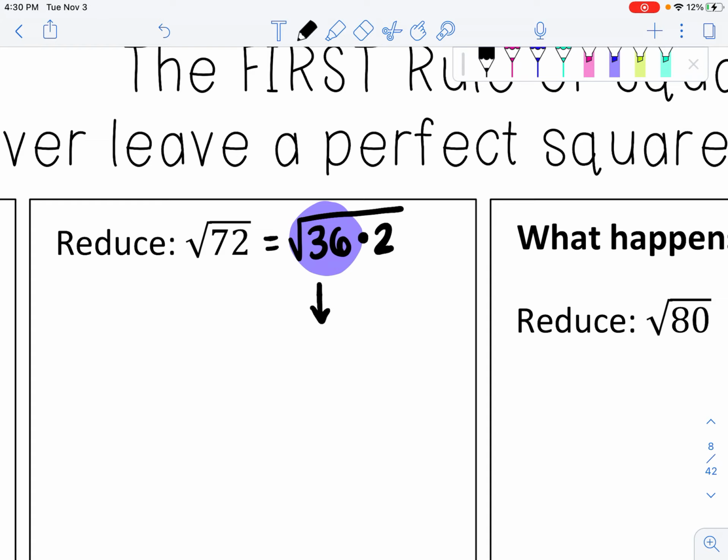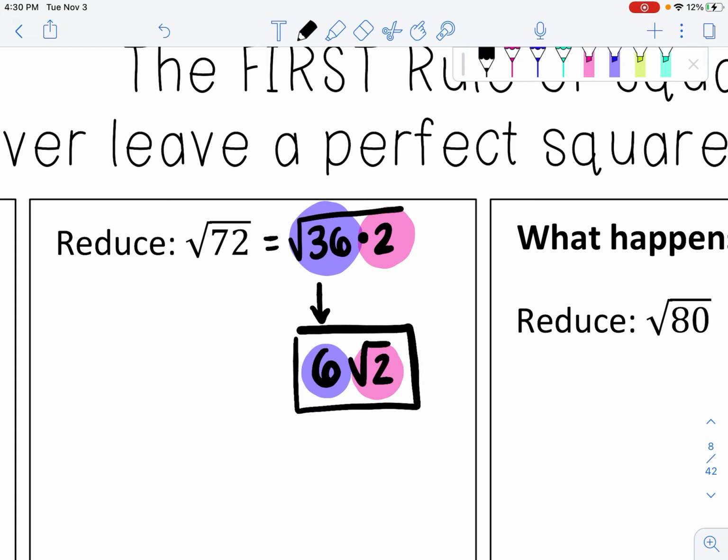The square root of 36 is 6. 2, however, is not a perfect square, so 2 is trapped in the radical. You can only leave the radical if you are perfect. So the square root of 36, since 36 is perfect, it gets to leave, and it leaves as a 6, but the 2 is stuck.